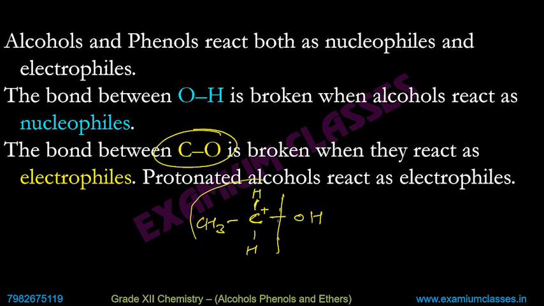Although the reaction is not like this, I'm telling you, OH will get detached in the last step in the mechanism. But if you separate these two, OH is negative, this part will become positive. So this carbon will act as positive. It means it is looking for electrons. It is acting as electrophile because it is looking for electrons.